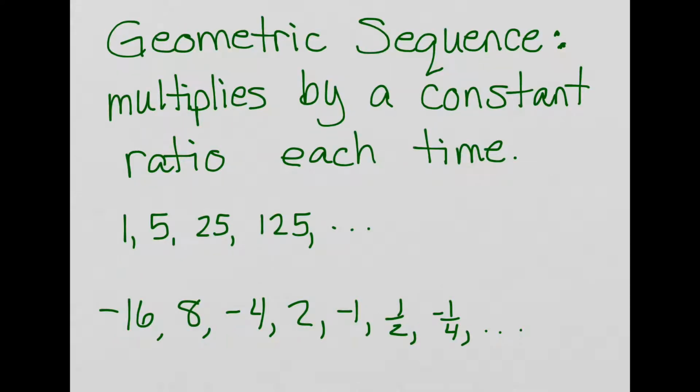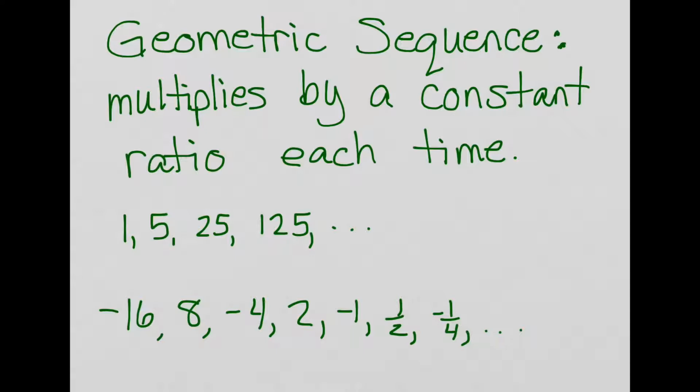Now, just to review, a geometric sequence is a sequence where we're multiplying by a constant ratio each time. We're multiplying by the same number every time. So, in this first sequence, 1, 5, 25, 125, we're multiplying by 5 every time. That's the constant ratio.